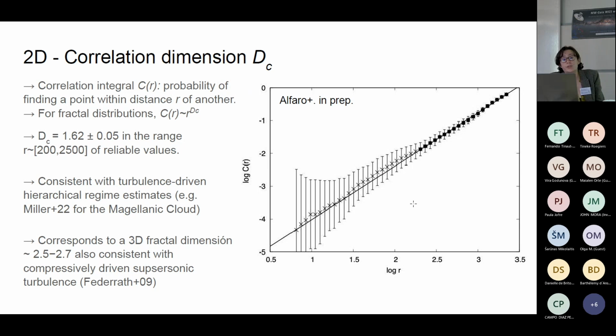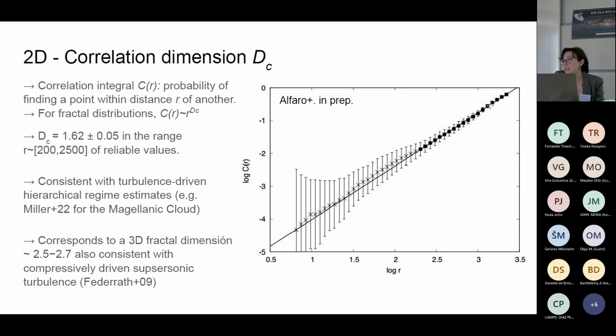This is generally estimated from a correlation dimension, which comes as the linear fit of the correlation integral based on the distribution of points, clusters in this case. And we have obtained values for the reliable fits, which are marked here as black squares, which are consistent with turbulence-driven hierarchical star formation.